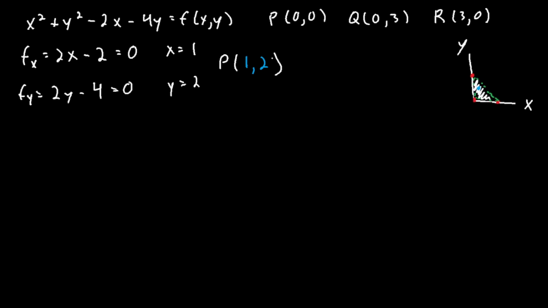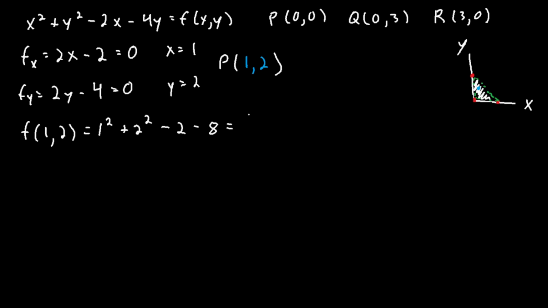Once you find this, what do you do? Well, all you have to do is plug in the values of this point into the function. So f of 1, 2. We plug in the values of 1, 2 into the function. We get 1 squared plus 2 squared minus 2 minus 8. Notice how I just multiplied 2 by this.